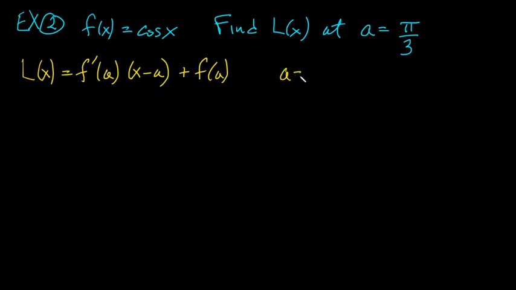And in this case, a is pi over 3, right, which is 60 degrees, but we're going to stick with radians, right? And I want to keep pi over 3 exact, right? I mean, we can approximate it by 1 point something, right? 1.0472, let's say.